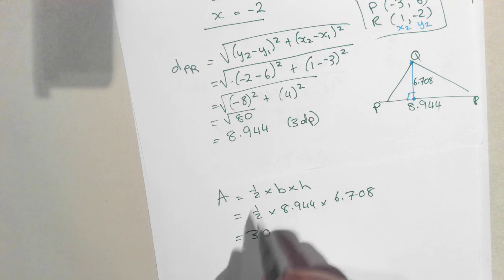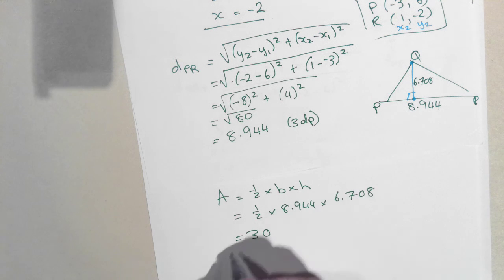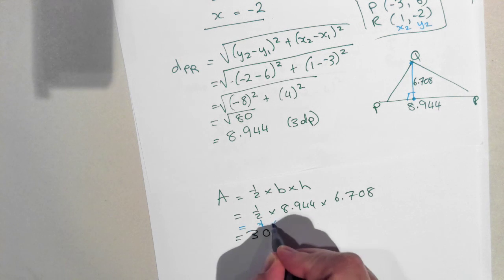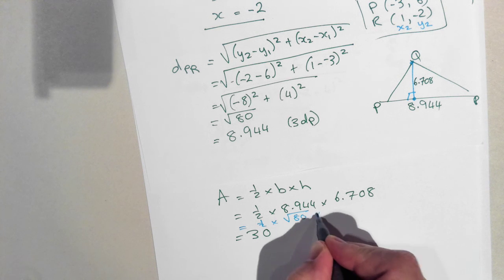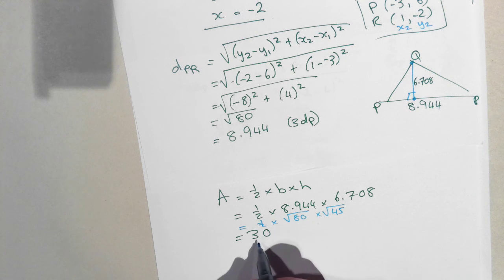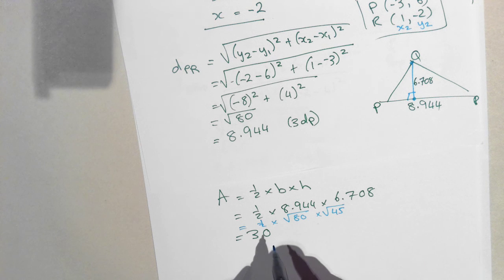How I know that is if I do this more accurately, if I type in a half times the square root of 80 times the square root of 45, that is more accurate, and that's going to give me the exact answer of 30. If I use rounded answers, you're going to get 29.988 or something close to that. So it's not going to be exactly 30, and that's just the rounding error from the calculations.